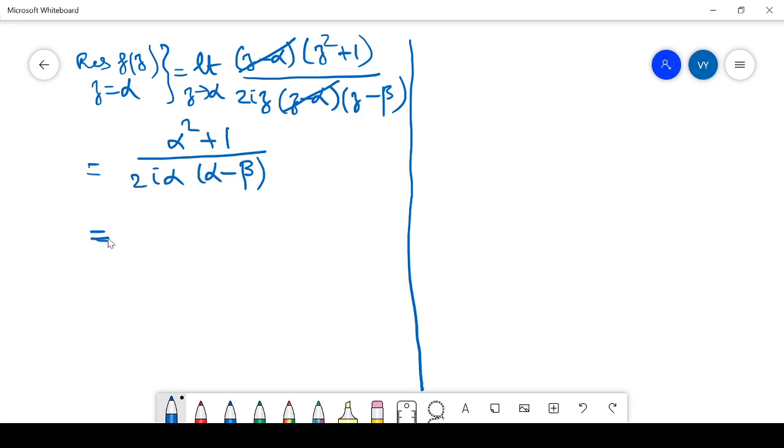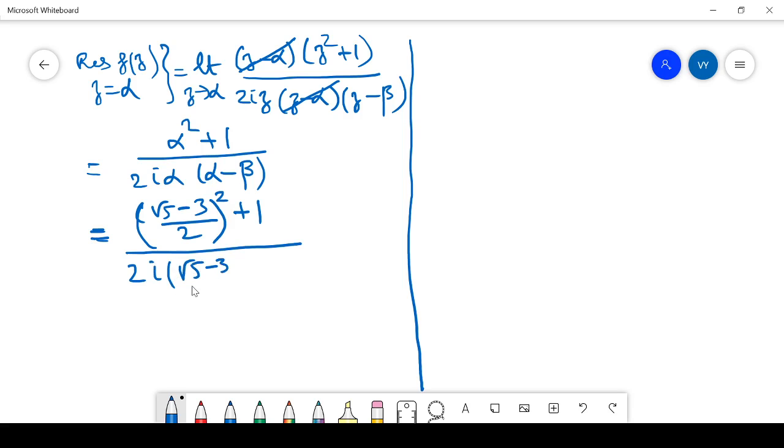Now what will be alpha squared? Alpha squared will be root 5 minus 3, whole divided by 2, the whole square, plus 1 by 2i into root 5 minus 3 whole divided by 2 into root 5. Okay. So this 2 and this 2 get cancelled here.